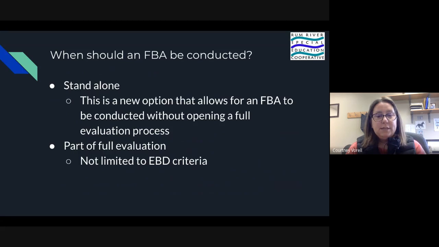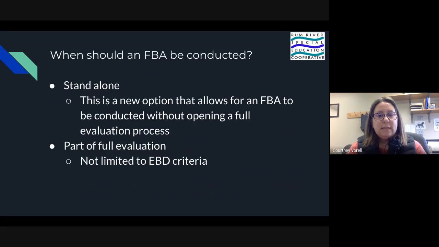It's not limited to EBD criteria. If you have a vision impaired student with a behavior that you're seeing, then you can do an FBA as part of that. And it's not about switching their criteria to EBD. It's just about doing a full evaluation and alongside that, looking at those behaviors that we want to examine further and take that opportunity to do so.